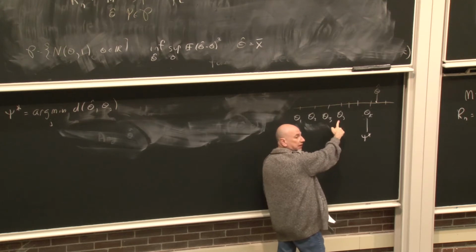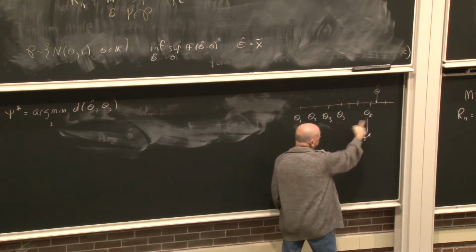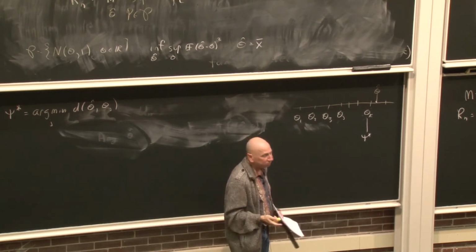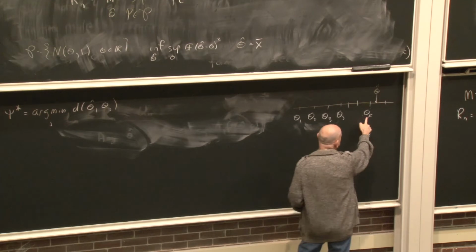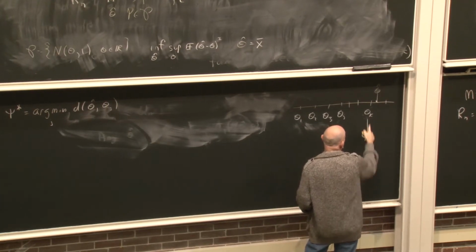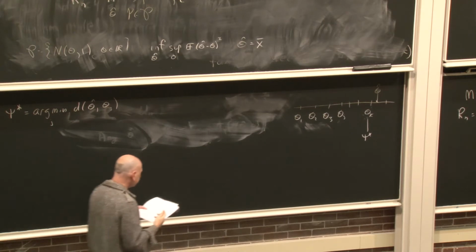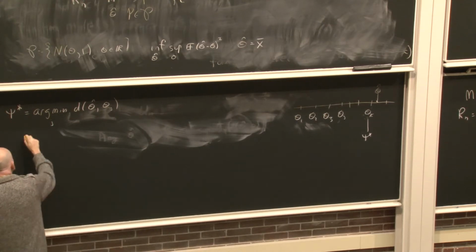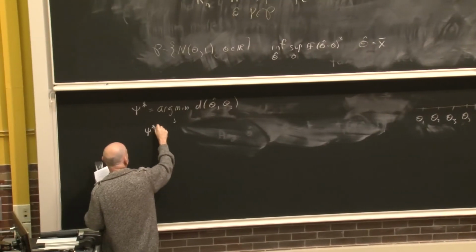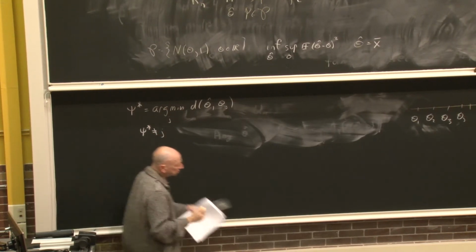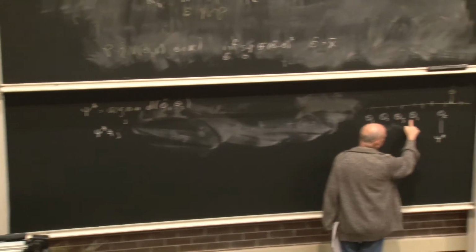Let's say the truth is theta j. True distribution is theta j. It's either going to be equal to it or it's not. But if it's not equal to it, then this phi star has to be pretty far from this because I've spaced these out. So suppose the true distribution was theta j for the moment.